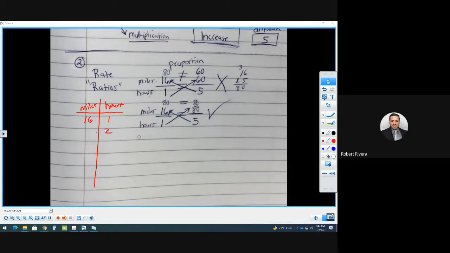So 2 hours, double that would be 32. 3 hours, triple the original, that would be what? 48. 4 hours, times 4 now, it would be 64. 5 hours, times 5 would be 80. All these would work. That's the train, because the train is traveling 16 miles per hour.